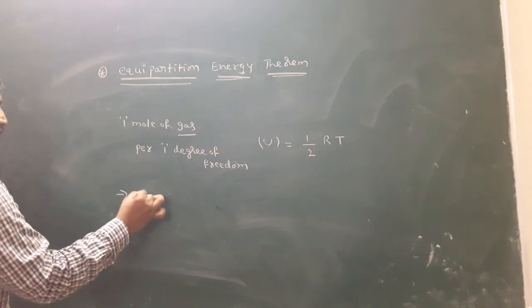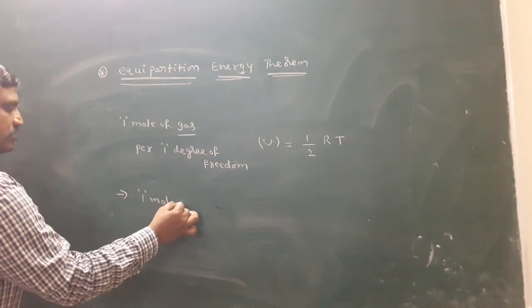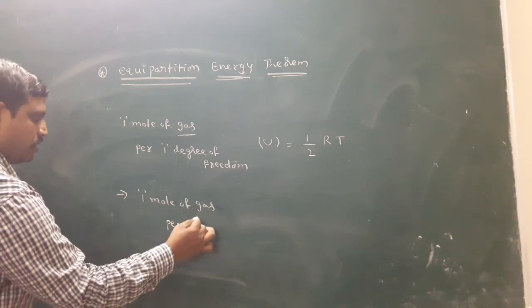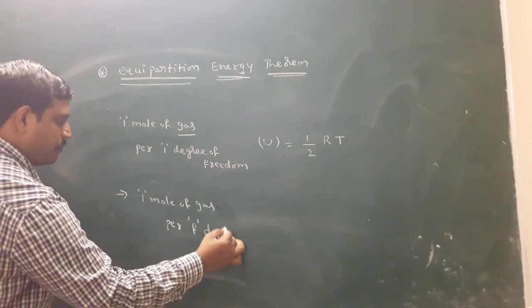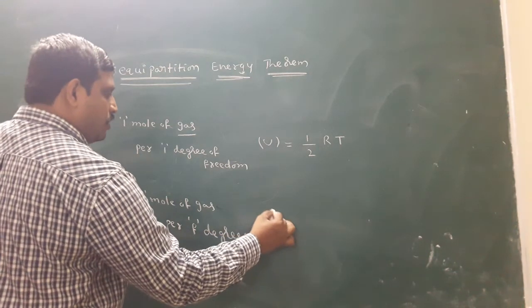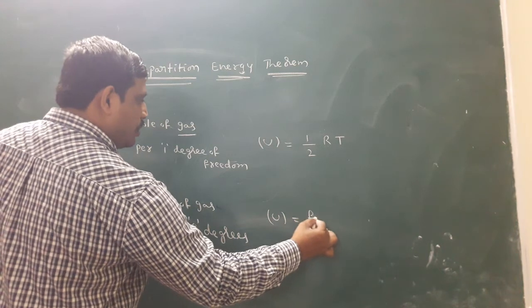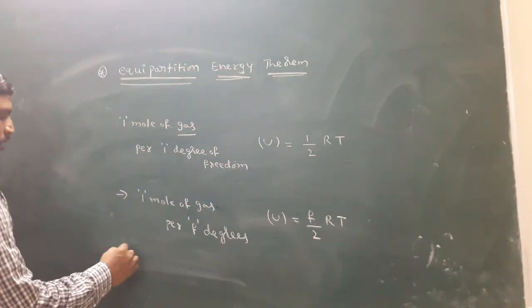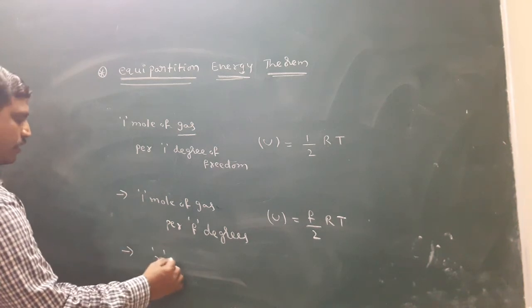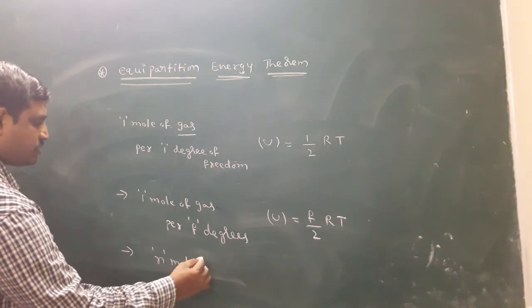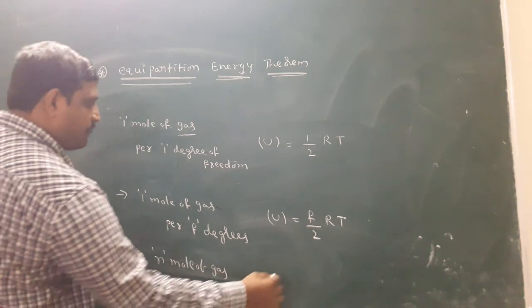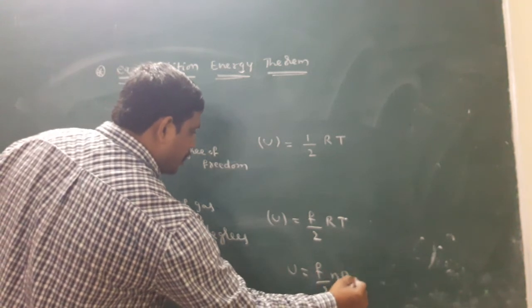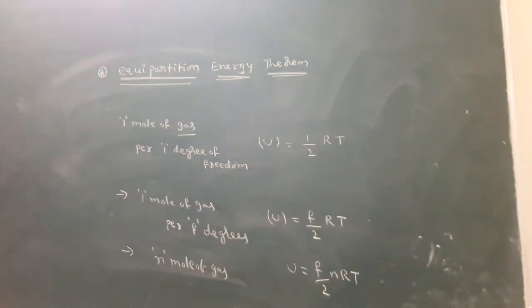For example, 1 mole of gas with F degrees of freedom, U equals F by 2 RT. Next, for n moles of gas with F degrees of freedom, it is F by 2 nRT. Very important to solve the problems.